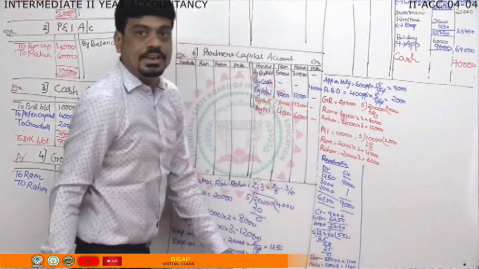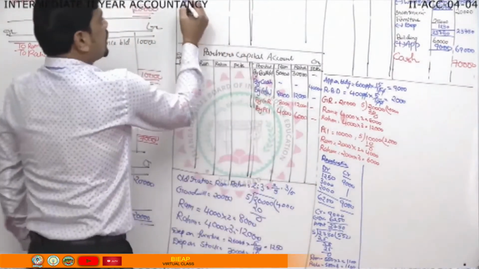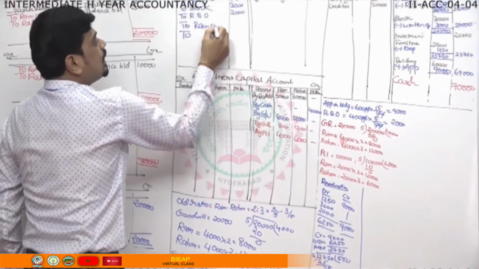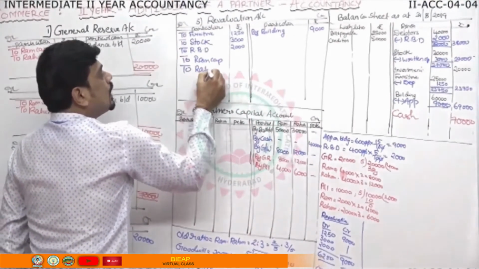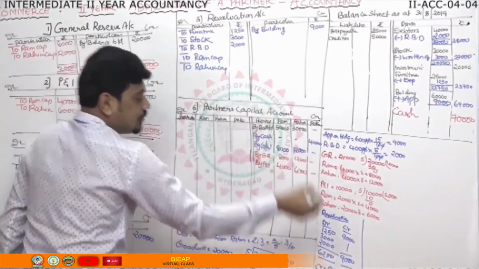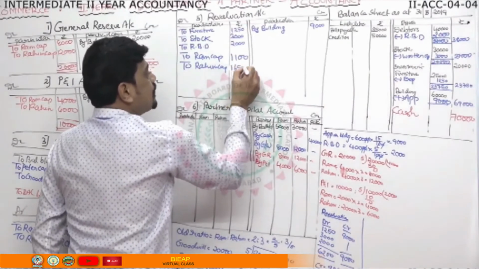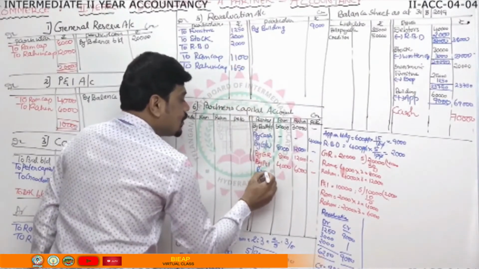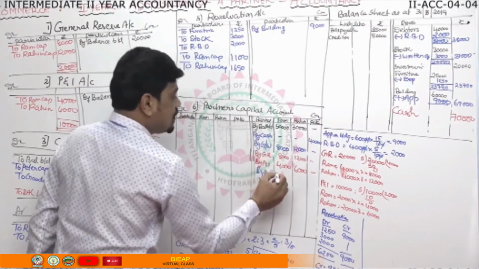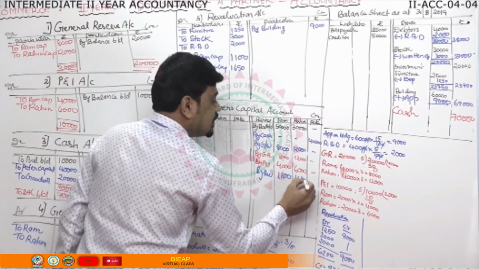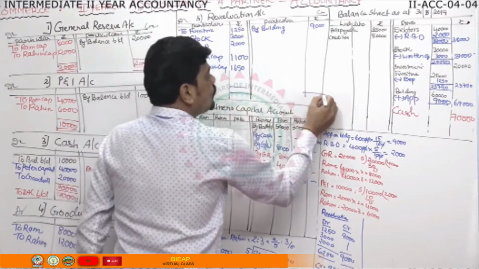This is the profit here. So to Ram capital, to Rahim capital. Now if we see, we get 1,100 and 1,650. This will be transferred by revaluation. 1,100, 1,650. Even this got closed.